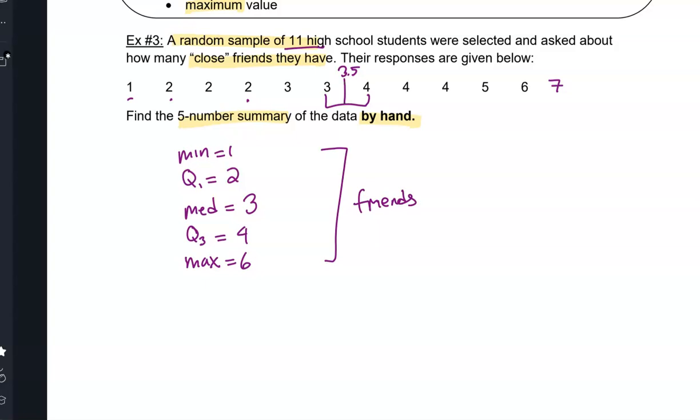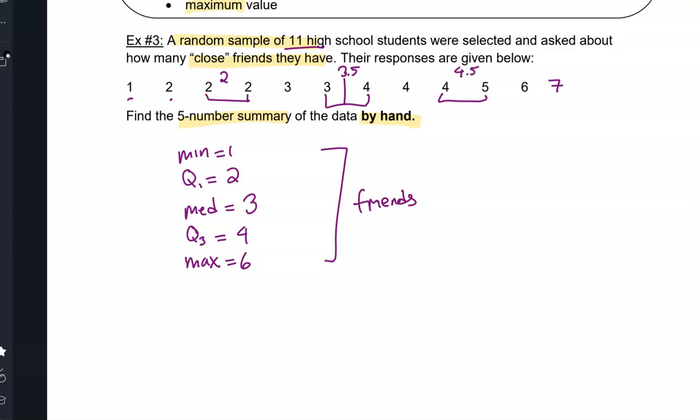For my Q1, I would find the average between 2 and 2, so my Q1 would still be 2, because 2 plus 2 divided by 2 is 2. And my Q3 would be the average between these 2 numbers, so that would be 4.5.